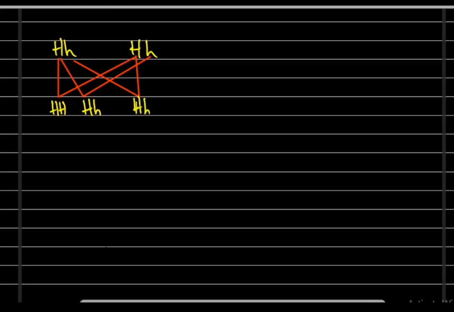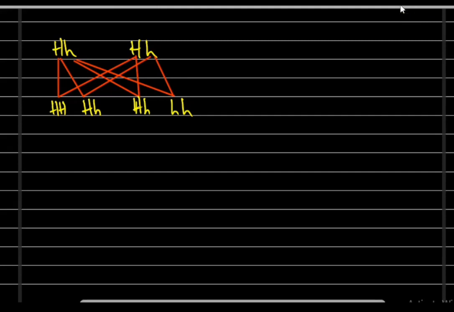And lastly, we'll be having this. So these are the possibilities that we will be having. We'll be having 1 homozygous dominant, 2 heterozygous, and then 1 homozygous recessive.